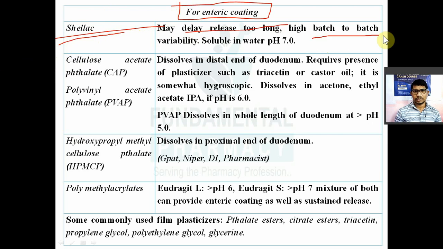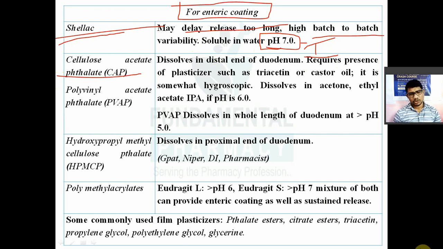एंट्रिक कोटिंग पॉलीमर में शेलेक है ना, थैलेट है, देन पॉलीमिथाइल एक्राइलेट्स. पॉलीमिथाइल एक्राइलेट्स को बोलते हैं यूट्रेजिट. देयर आर 5-6 varieties, but here only two I have discussed.